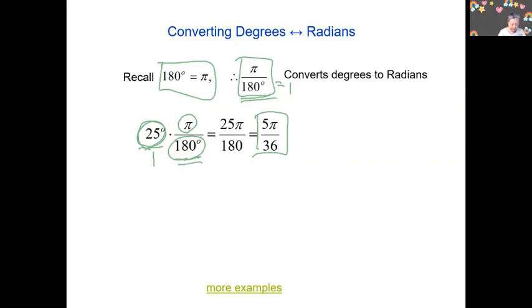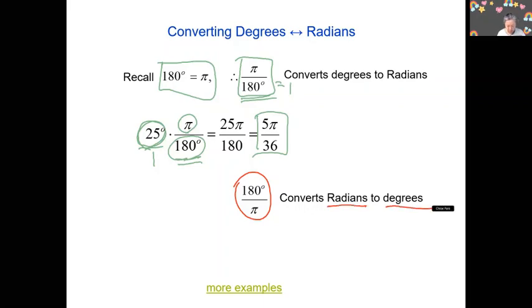The only difference is, instead of pi over 180, because we will convert the radian measure into degrees, the multiplier fraction that we need here is just upside down. So we will use 180 over pi as the conversion multiplier from radians to degrees.